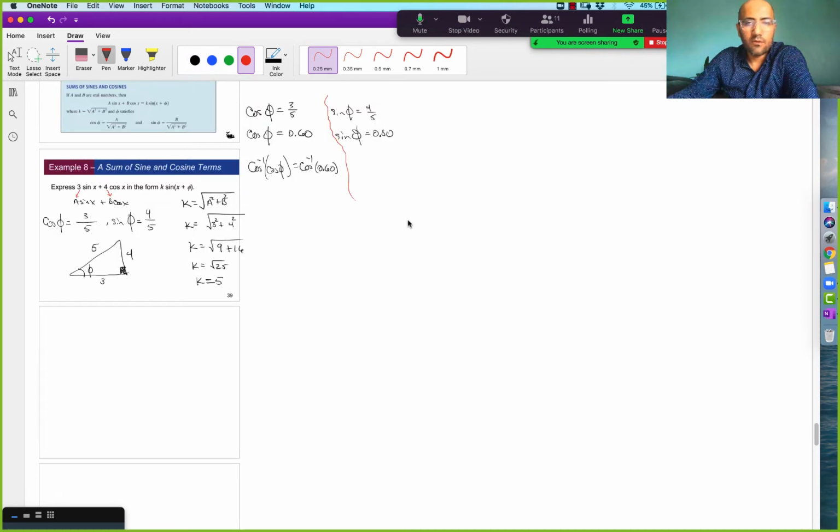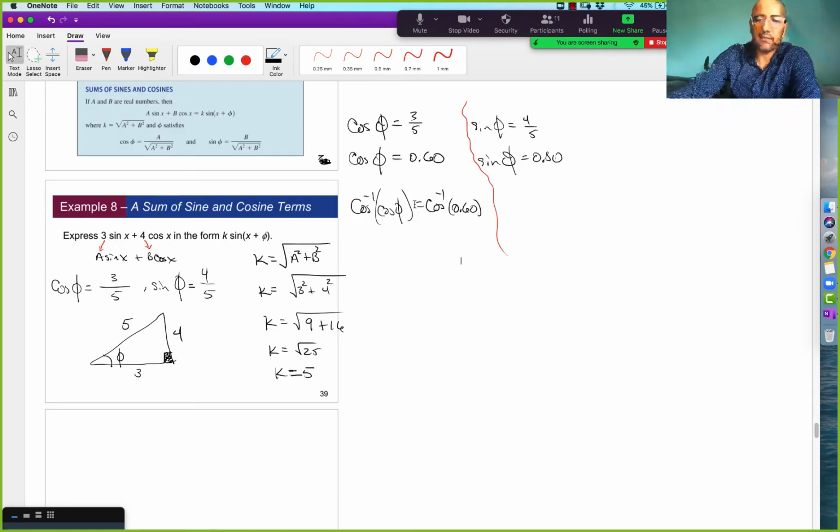Good. So cosine inverse of cosine is just going to be phi. So phi equals cosine inverse of 0.60, right? Which should be the same thing as here.